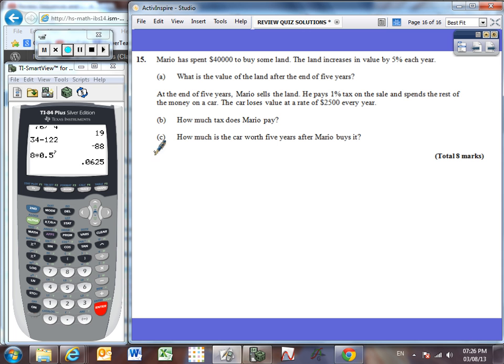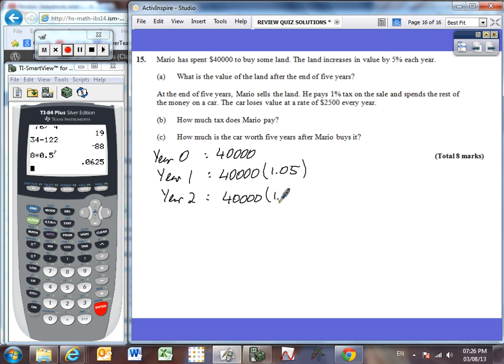Okay, so the beginning of year 0, the land is worth $40,000. By year 1, it's increased its value by 5%. By year 2, it has increased its value by 5% squared. And so forth.